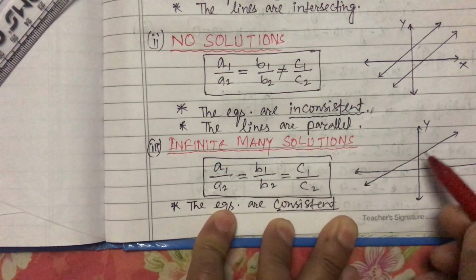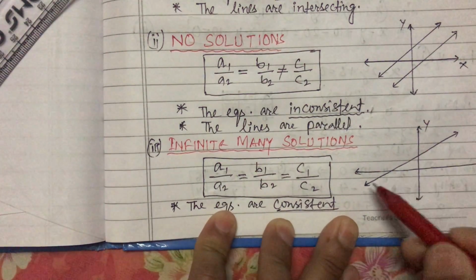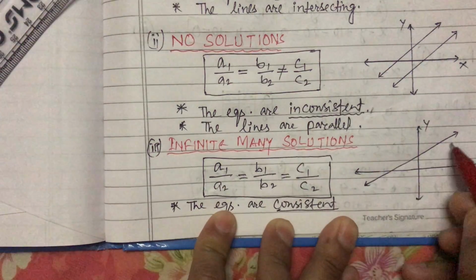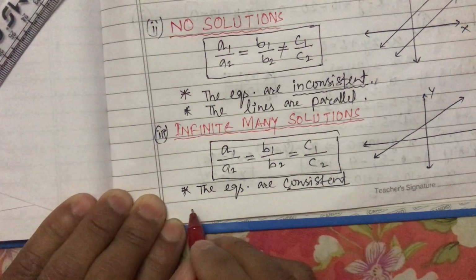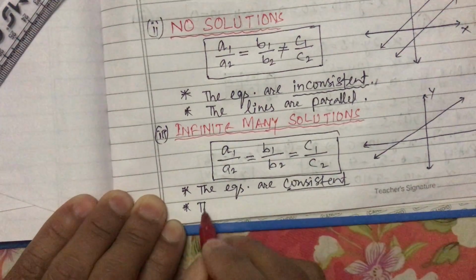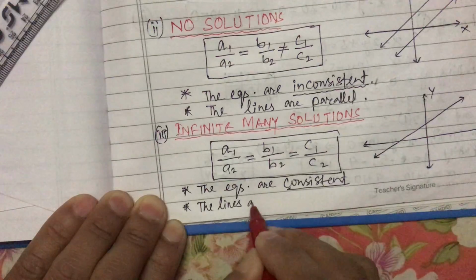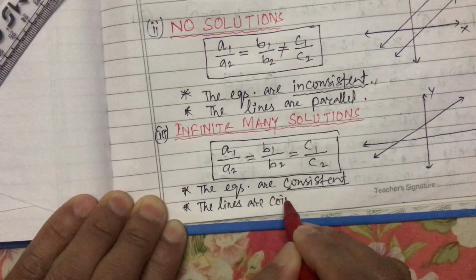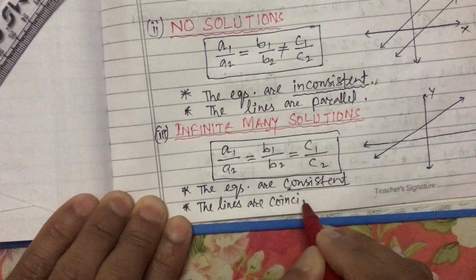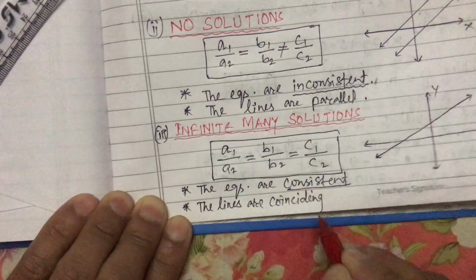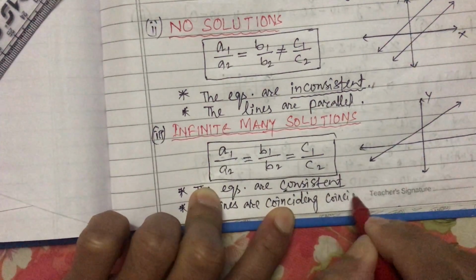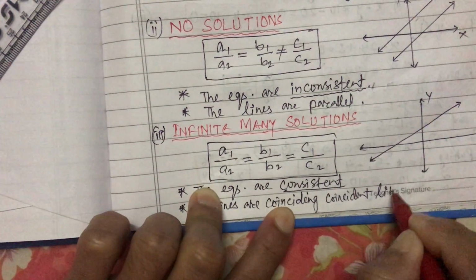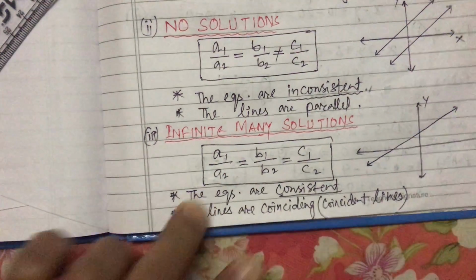In one single line, meaning one line is enough to represent both equations, right? So this is coincident. So I can write here, the lines are coinciding, or coincident lines. Okay.